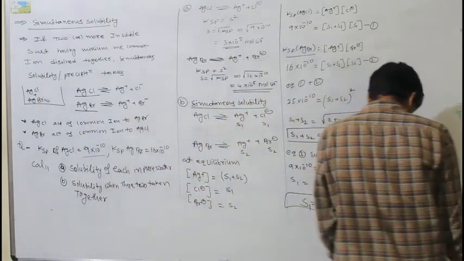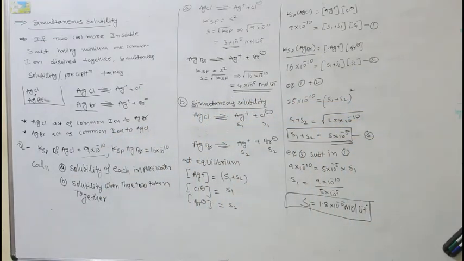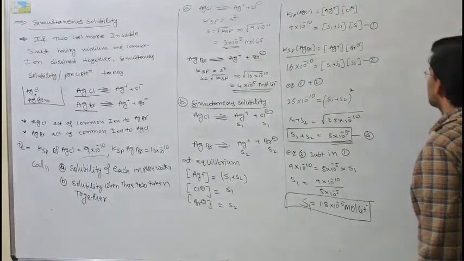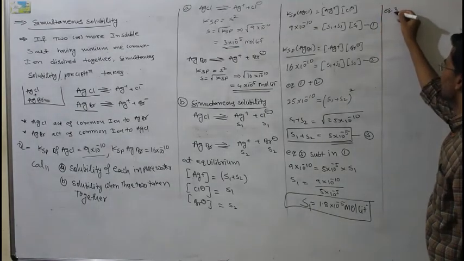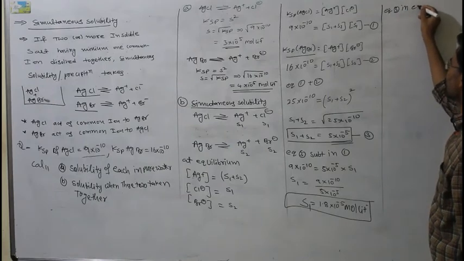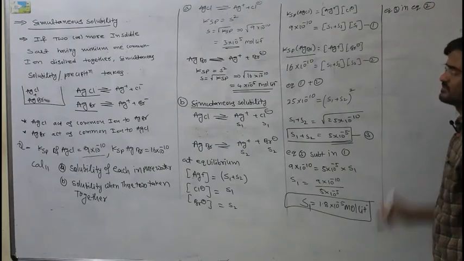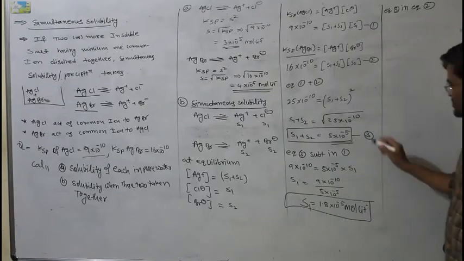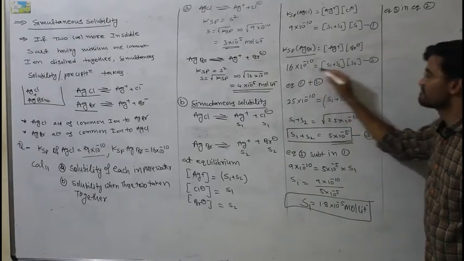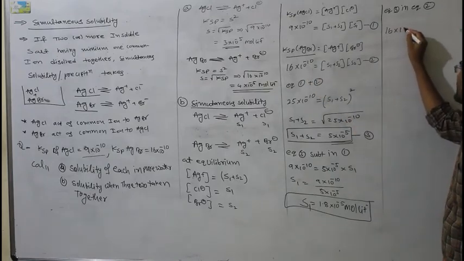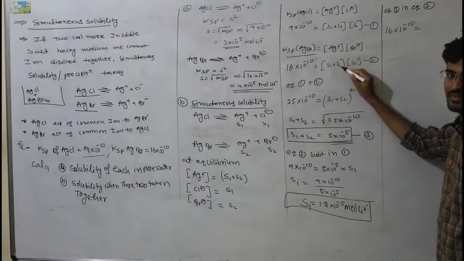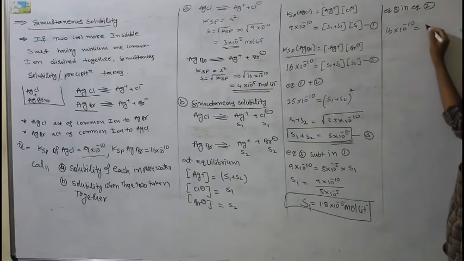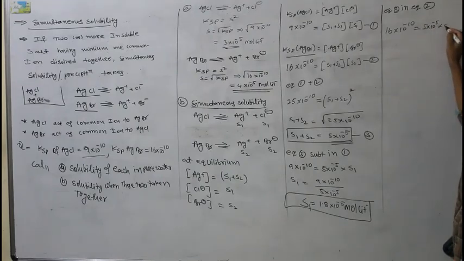In the same way, equation 3 in equation 2, substitute. If you substitute in equation 2, 16 into 10 power minus 10 is equal to S1 plus S2, whose value is 5 into 10 power minus 5, into S2.